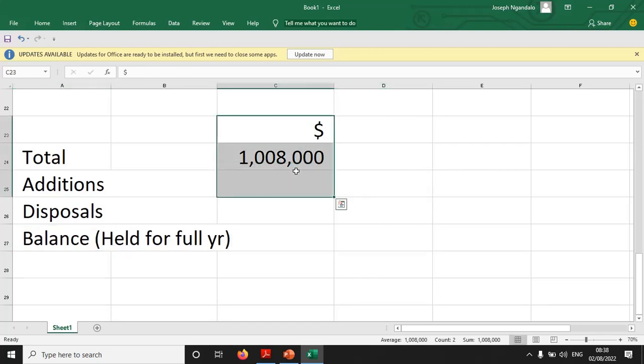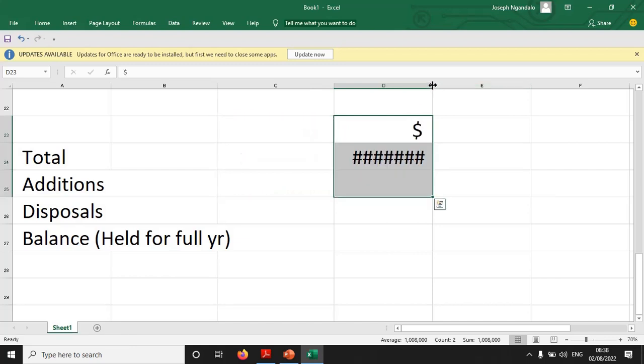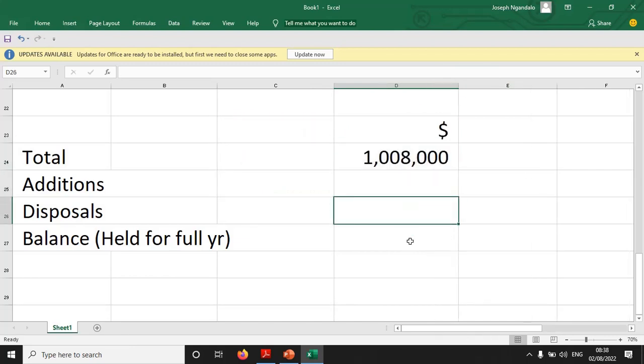What did I say here? The balance was held for the full year, please. Let us remember that. So, let us begin to do some bit of work.